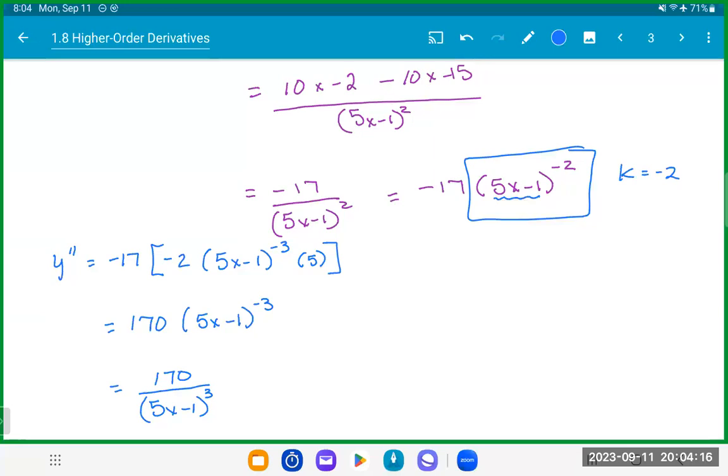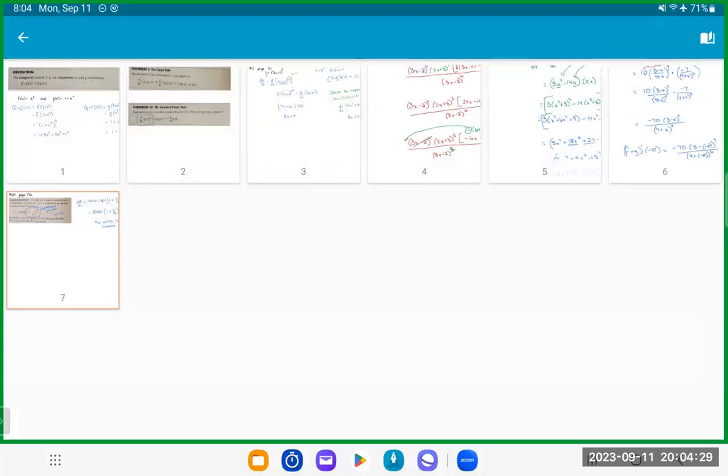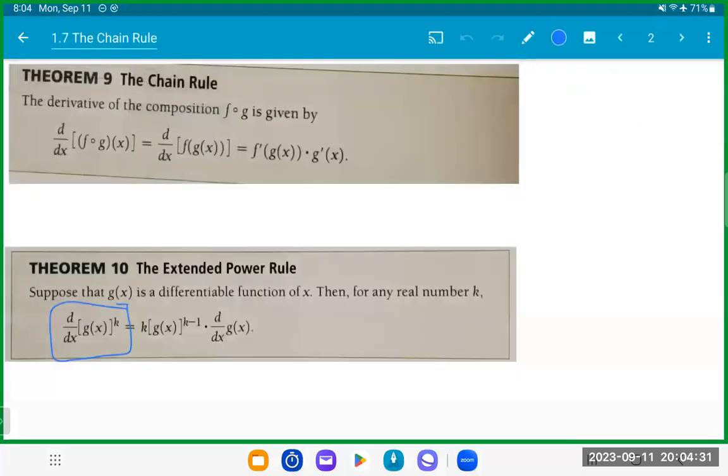rule. Because remember, the extended power rule was if we have the form, I could pull that back up real quick and show you, the extended power rule was of this format, right? So if we have this, we want to take the derivative of this, it is equal to this, where we have the k. So in this case, our k was -2.